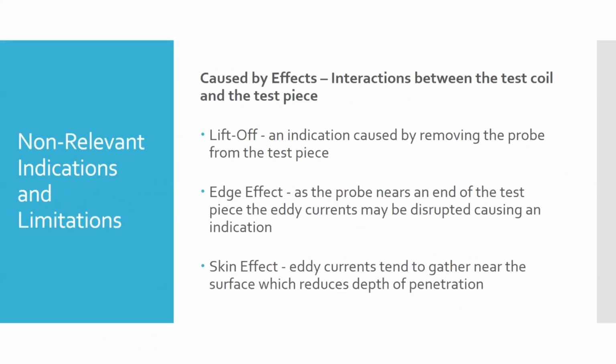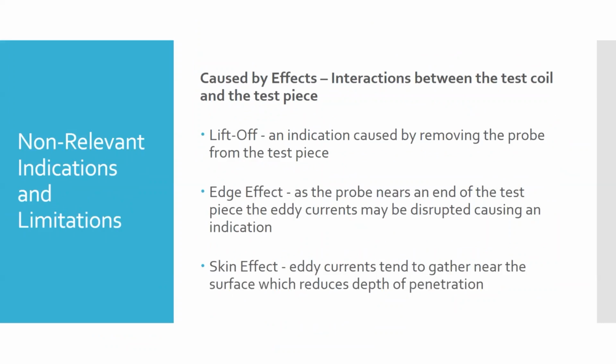We've talked about the different types of indications in earlier lectures, but here are just a few reminders on what kind of indications you might see. So the non-relevant indications and limitations of this: the test coil is going to interact with our test piece. I mean, that's how we get our indication.